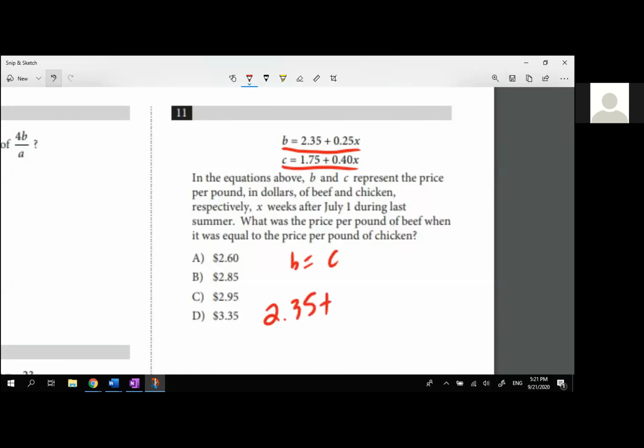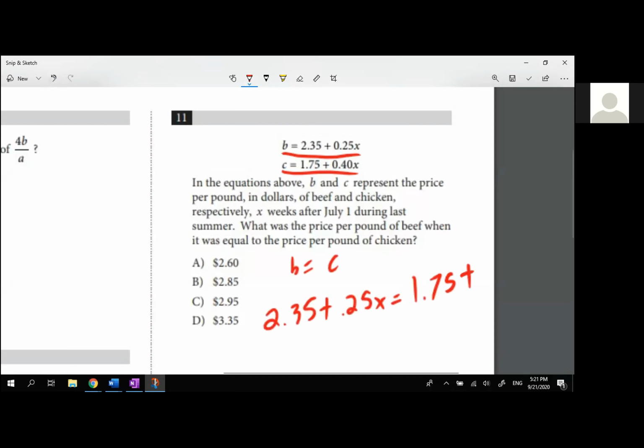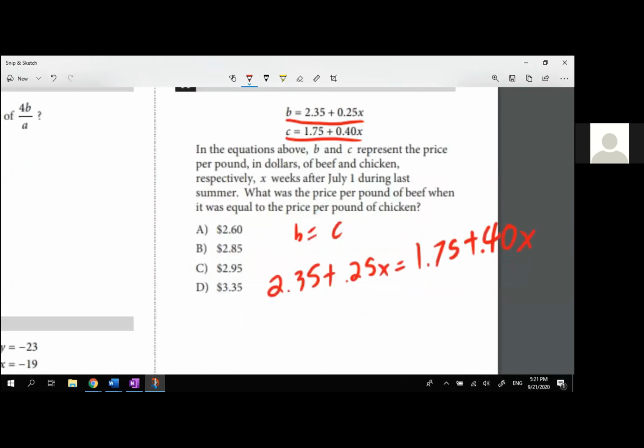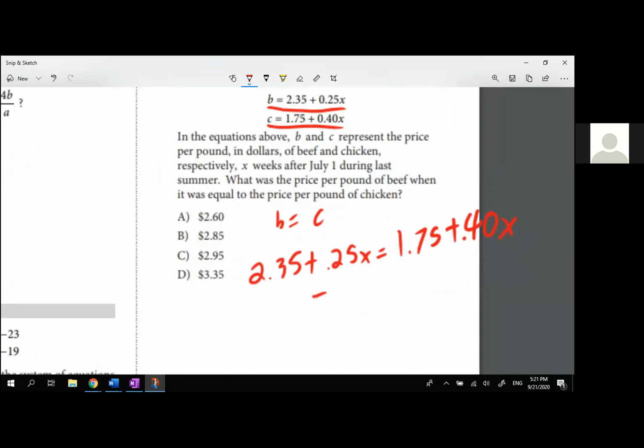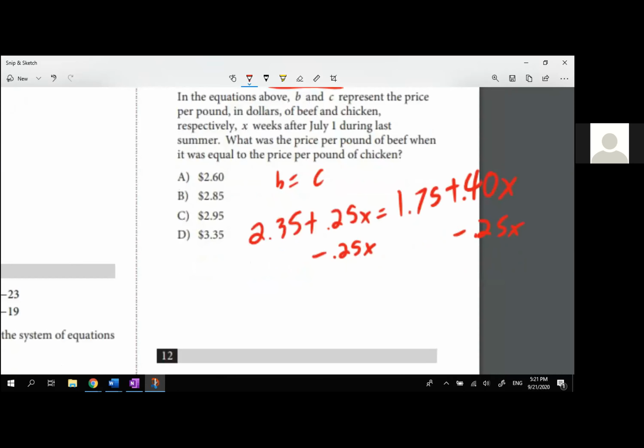That is 2.35 plus 0.25x equals C, which is 1.75 plus 0.4x. So what we can do here is, because we're trying to find the x, we've got to solve for x. So what we can do to get x alone is we can subtract 0.25x from both sides, leaving us with 2.35 equals 1.75 plus 0.15x.